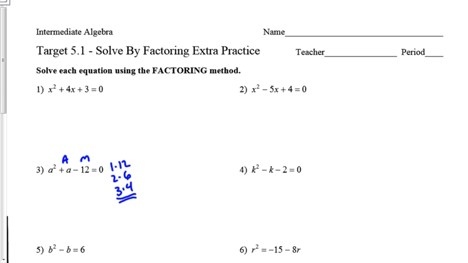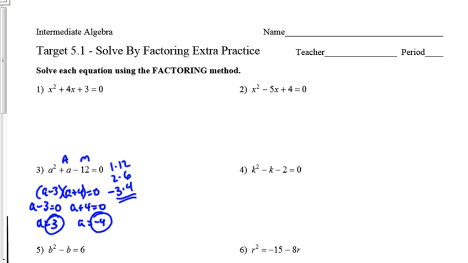And the only way to get to positive 1 is to make 4 positive and 3 negative. So that turns this into a minus 3 and a plus 4. Now, when you're solving for 0, that means that either one of them can be 0 or both of them can be 0. So let's set them equal to 0, add 3 to both sides, subtract 4 from both sides, and we have our two answers, 3 and negative 4.